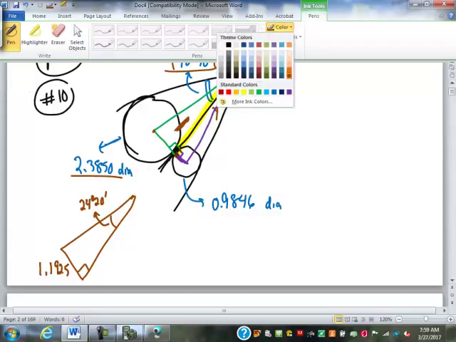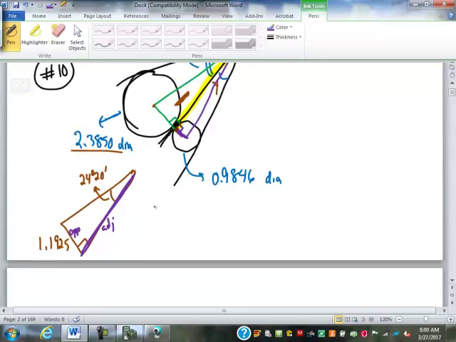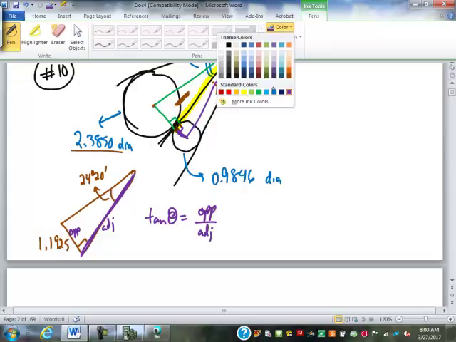So I want to find the length of this side here. So that is going to be opposite and adjacent. So we're going to be using a tangent. Let's fill in what we know.